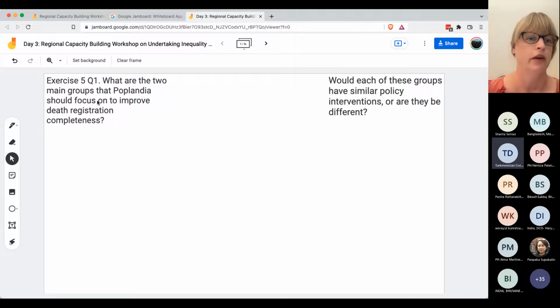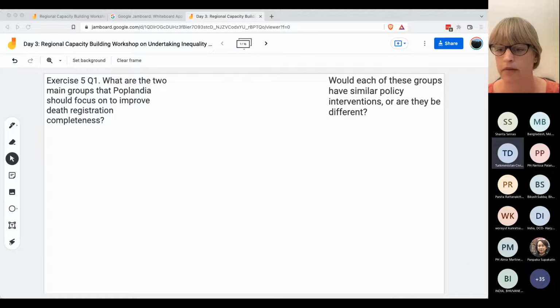So who are the two main groups? If you want to just post your ideas here, who you would focus on. And then maybe you could post some answers to the second part: would each of these groups have similar policy interventions, or would they be different? So maybe have a think about the graph and what you see in the data, and then we can circle back and discuss. I'll give you, say, 5 minutes or so, and then we'll go on to the next question.